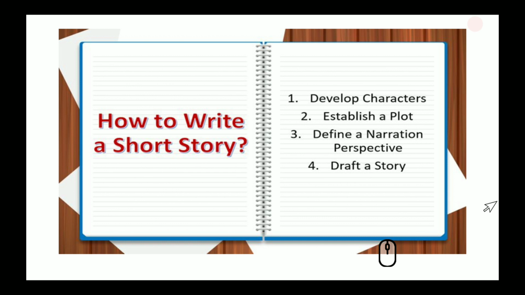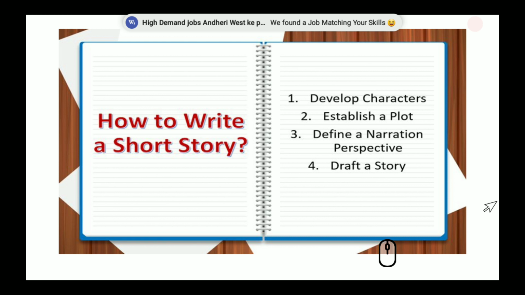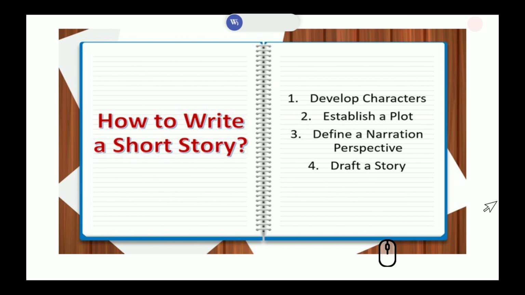Simple. 4 things. Let's say who is going to play what part in the story. Establish a plot, that is a scenario, dialogues, and then you write a story. So this is what you will do before writing a story.